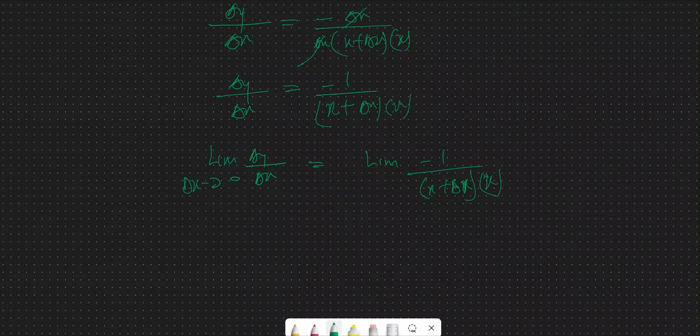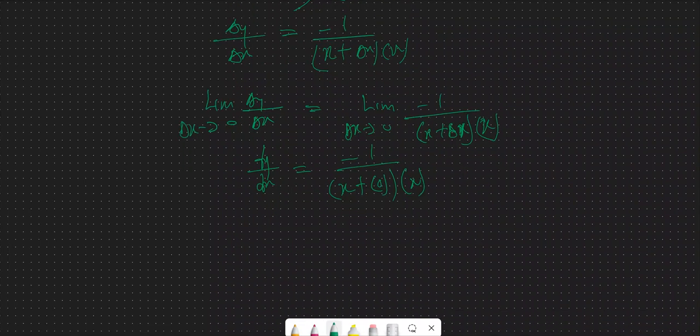So when we take the limit of both sides, we have dy/dx equals, when we take the limit of this, minus 1 over x plus, changing x approaches 0. The idea is anywhere we see changing x, we plug in 0. So we are left with dy/dx equals minus 1 over x times x.